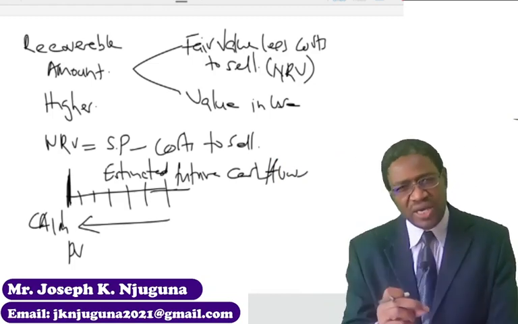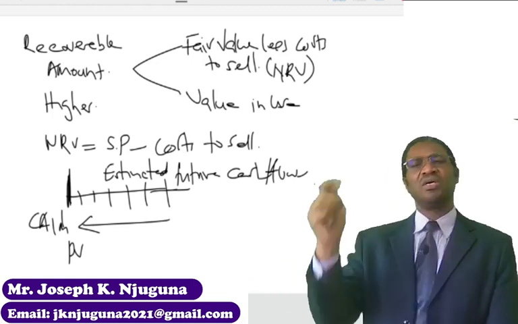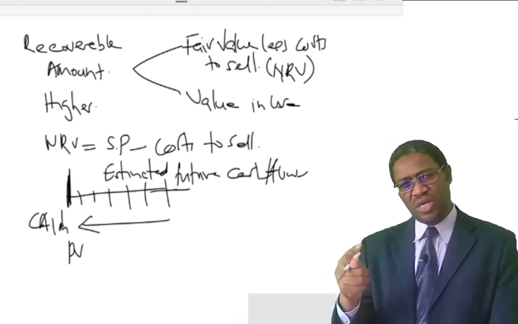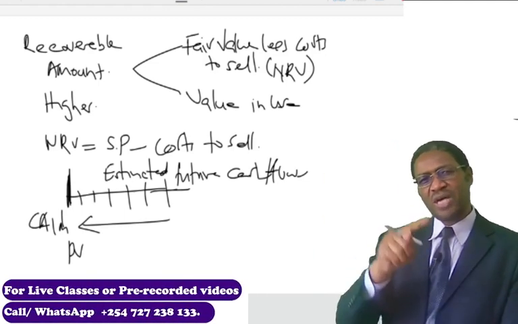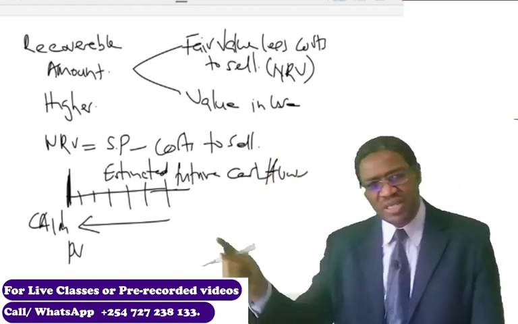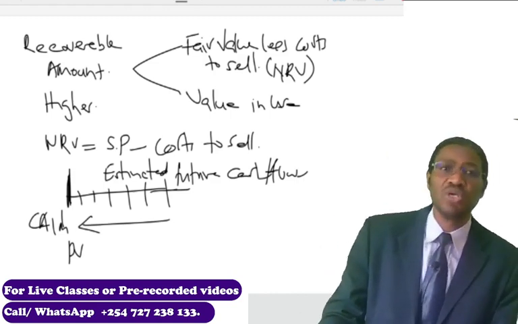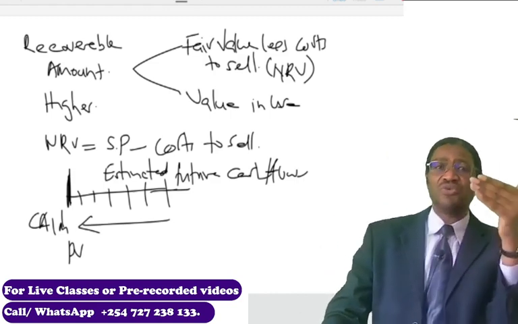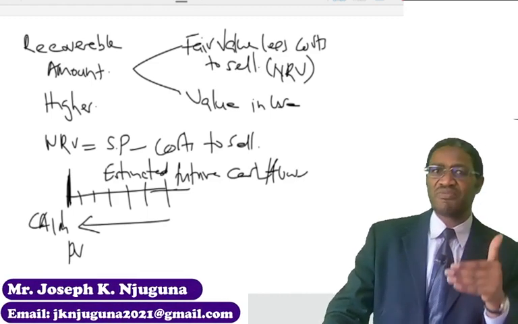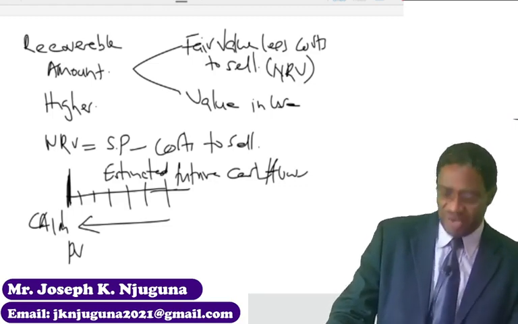So we define value in use as being the present value of all the estimated future cash flows that will be generated from the continuous use of an asset. That is what we call the value in use.